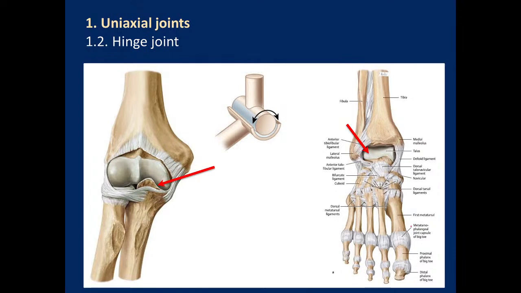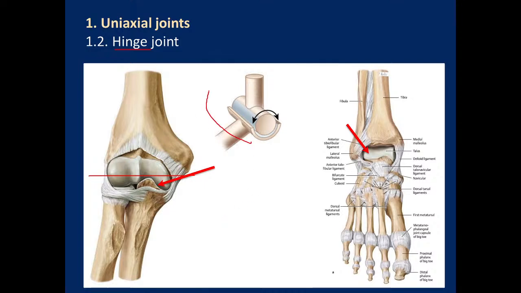Also, uniaxial joints we find in hinge joints or ginglymus joints. A hinge joint is the elbow joint. We have only one axis here, the frontal axis, and this type of joint typically permits only flexion and extension.